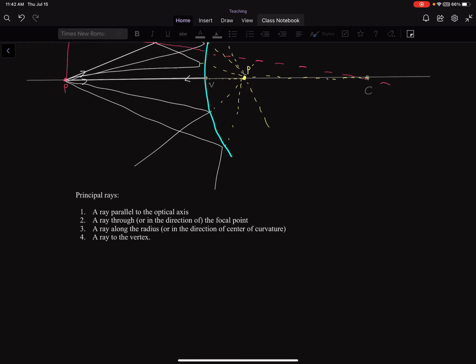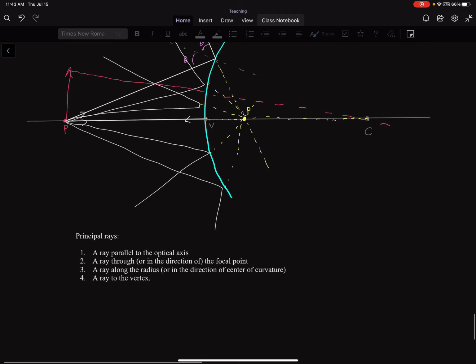So these 4 principal rays can help you make a clear graphical determination of what kind of image is formed and where it's formed. It's important to remember that these aren't the only rays. It's really important to remember that. These are just the rays that are most helpful geometrically to make an image determination. But there are infinite rays radiating or reflecting from every point on an object going out in all directions.